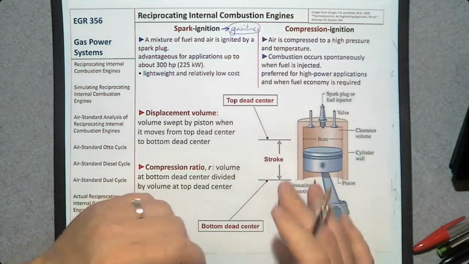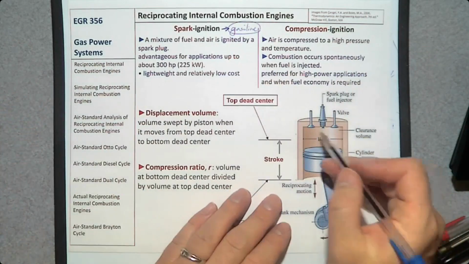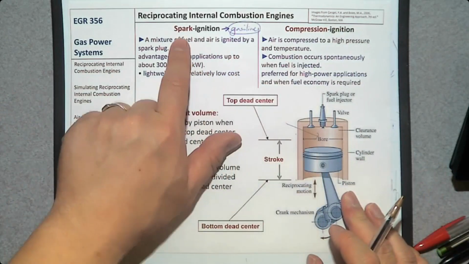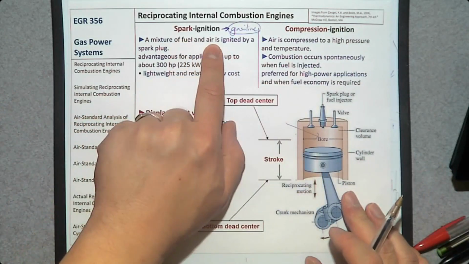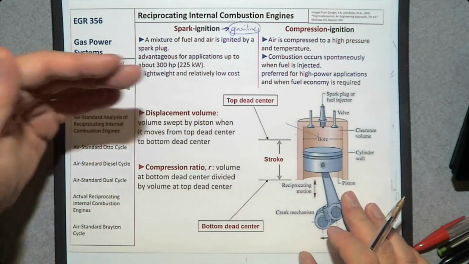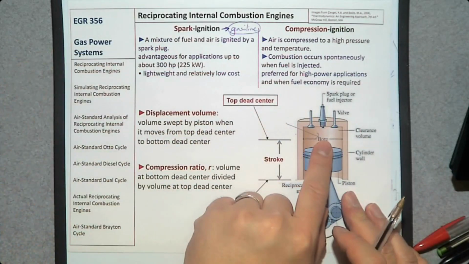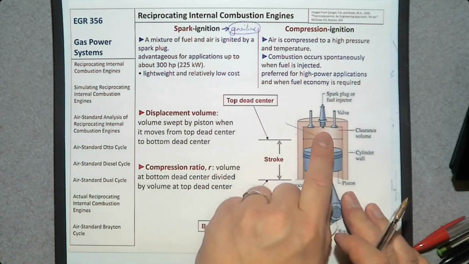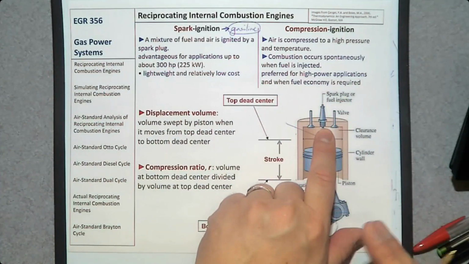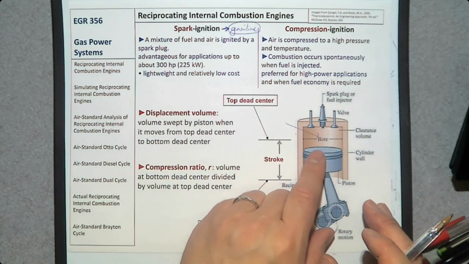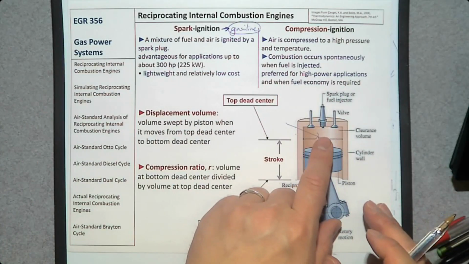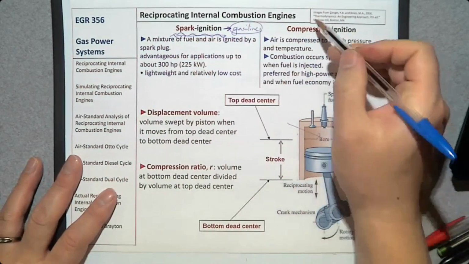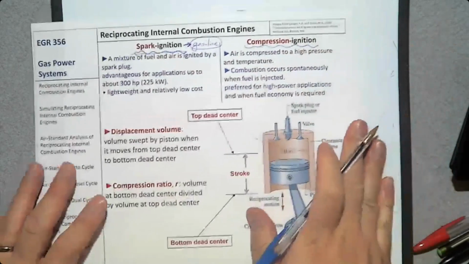So the way it works is that, inside the engine, we are going to provide a fuel and air mixture. The mixture enters this piston cylinder device, and a spark plug is going to ignite it, so that the mixture undergoes combustion.